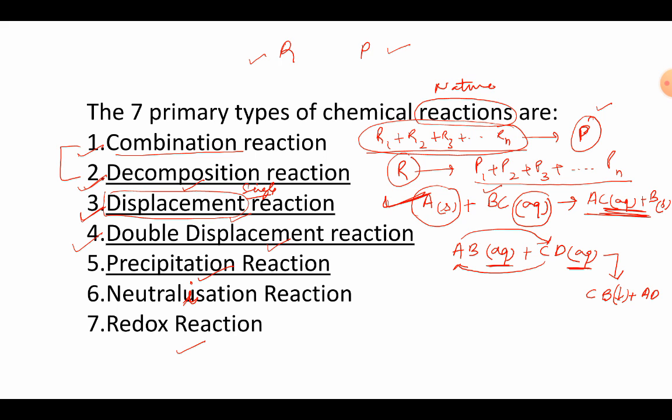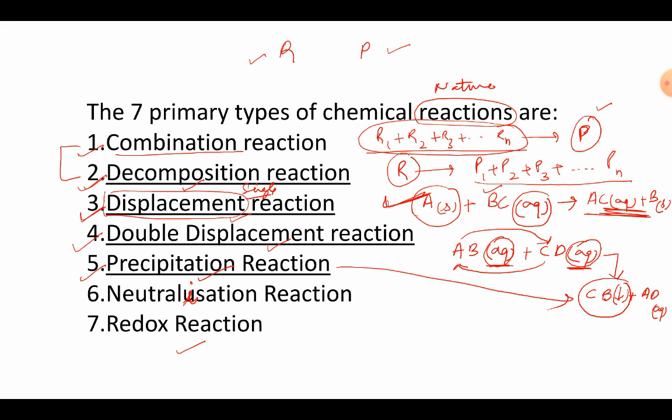Precipitate is always solid, right? And the other product is going to be in the aqueous solution. So because one of the product obtained is a solid precipitate, double displacement is also called a precipitation reaction. So double displacement and precipitation are more or less the same, because in double displacement there is mutual exchange of ions in the reactants in their aqueous solution.